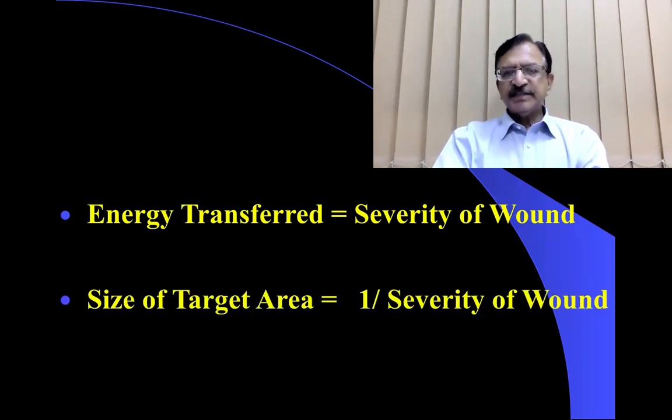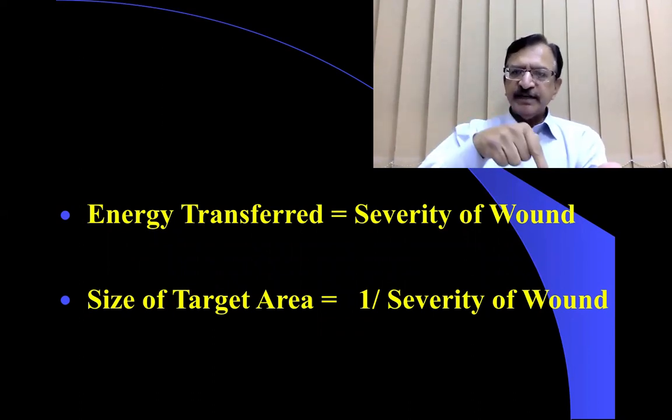Similarly, the size of the target area is inversely proportional to the wound. This means if the force is transferred to a broader area, then per unit area the dissipation of energy will be less as compared to when the force is concentrated upon a single point.